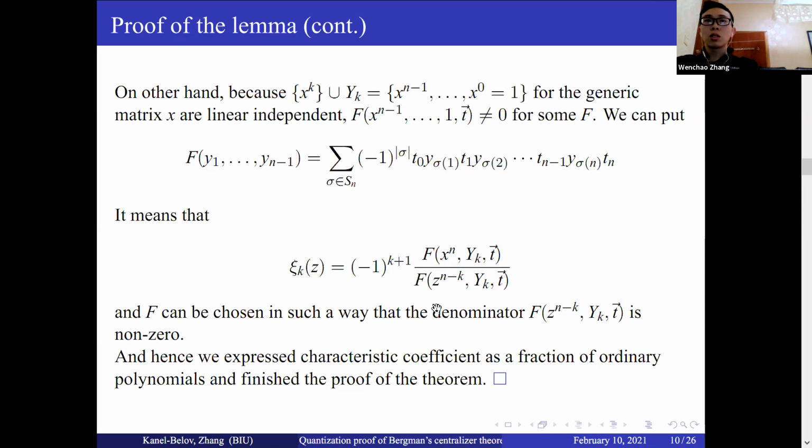So we then express the characteristic coefficient as the fraction of the ordinary polynomials, and this is the so-called localization.